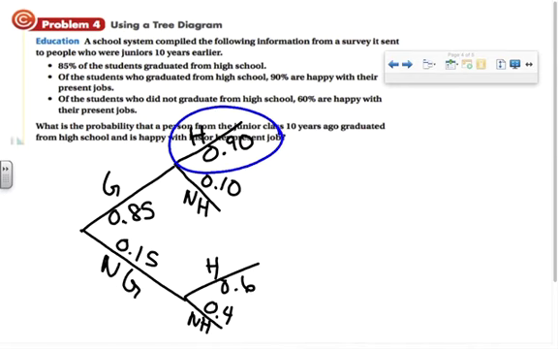So that branch is 90% of the 85% that graduated. So we just multiply 0.85 times 0.9. And that's 76.5%.